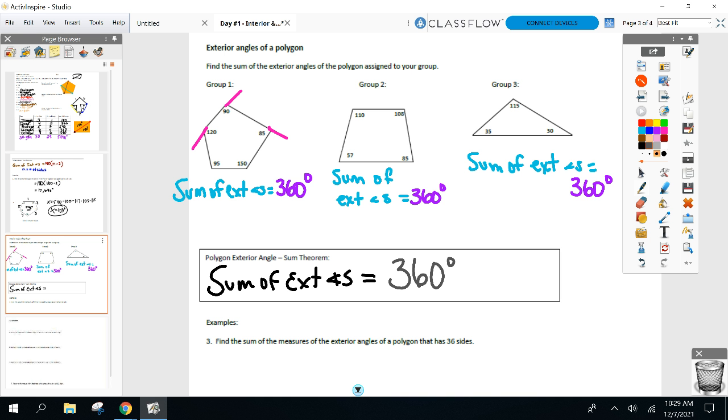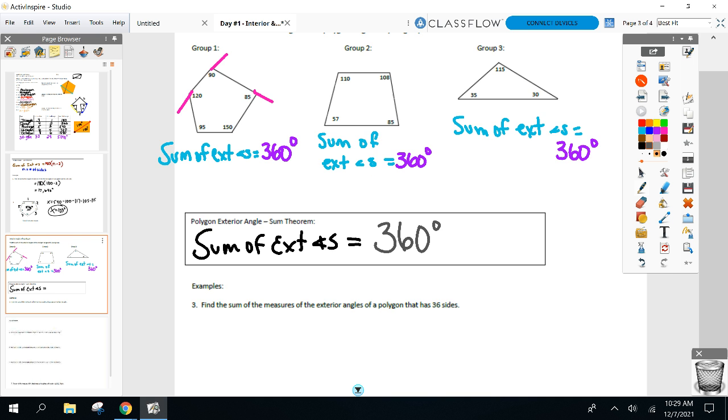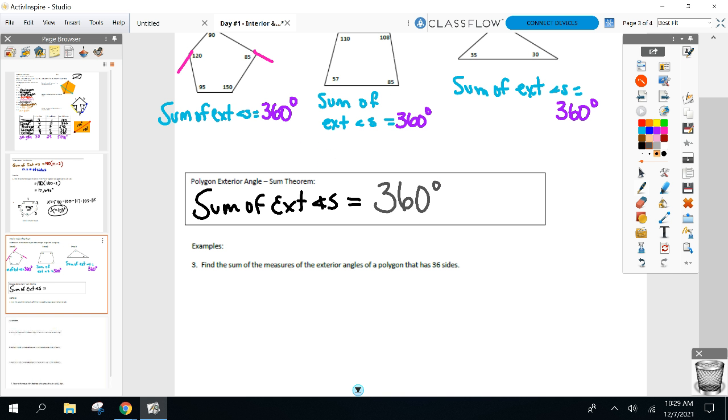All good? All right, let's try out some algebra questions now. Let's rock and roll. How about 3? Read it through. Discuss it in your group. You got about 45 seconds.